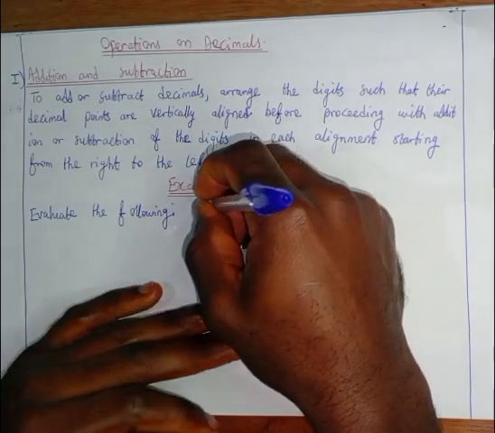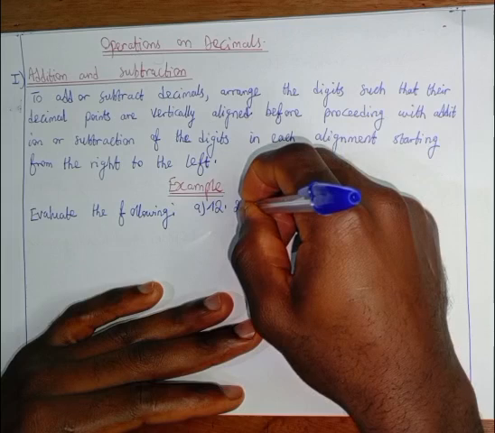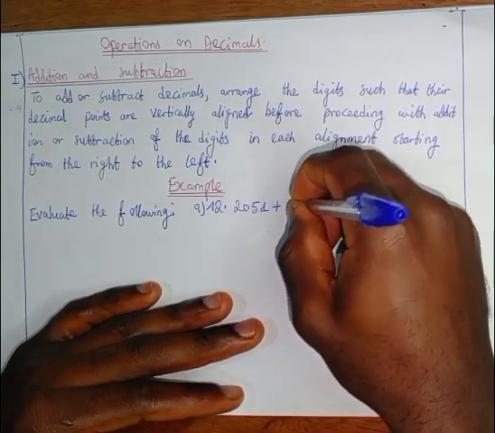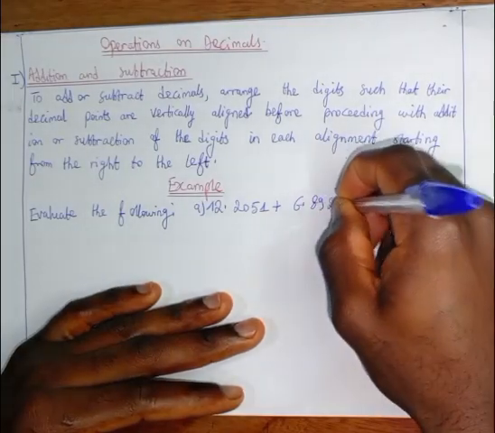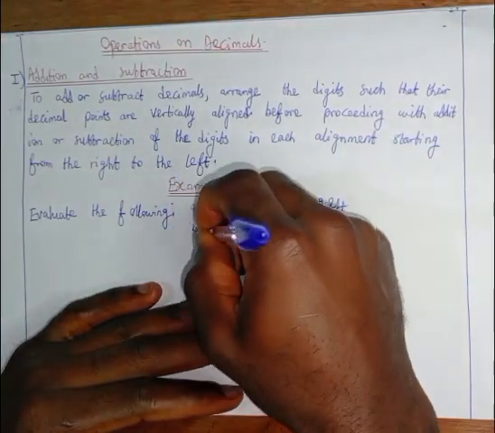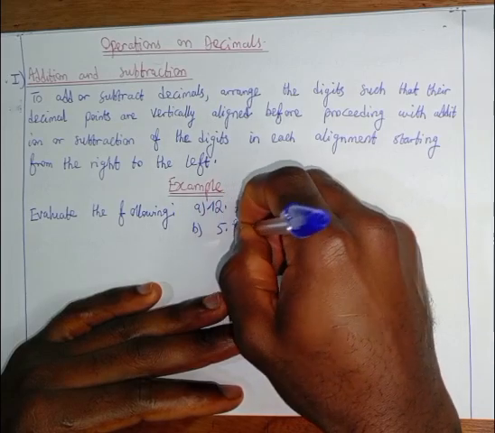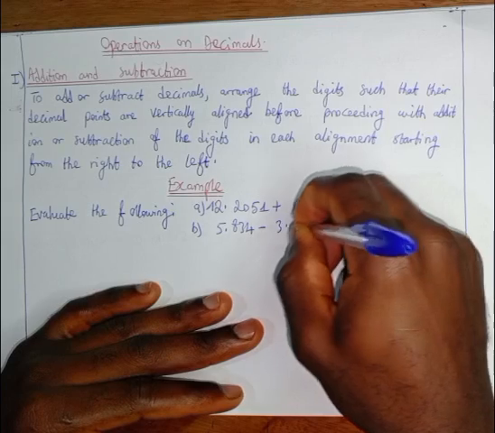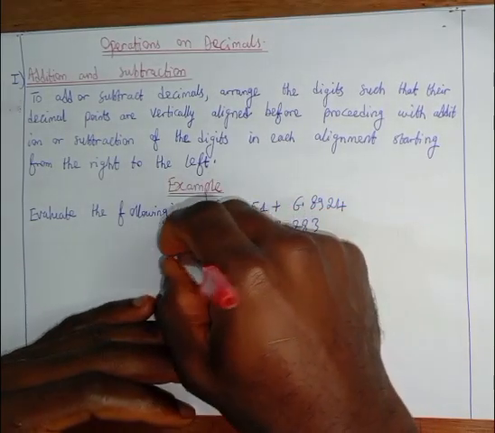Here we have A: 12.2051 plus 6.8924. For B we have 5.834 minus 3.783. We take the solution.